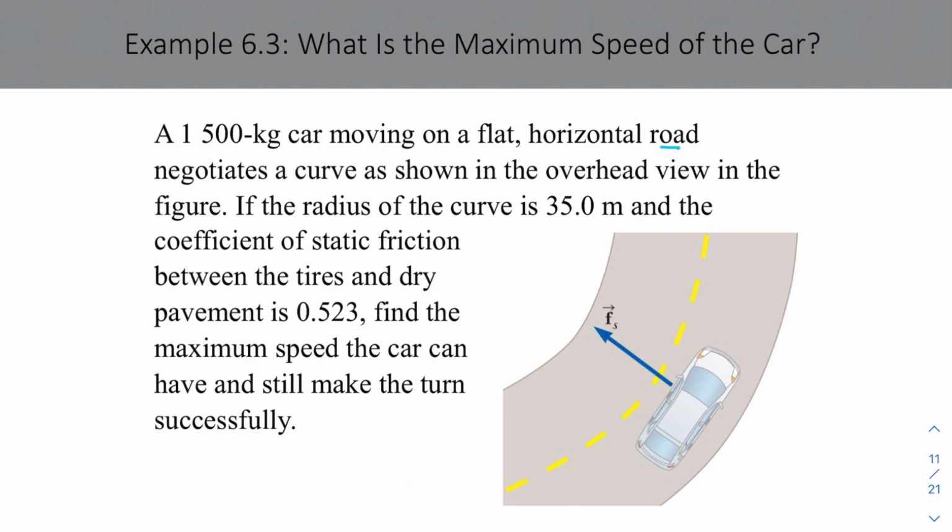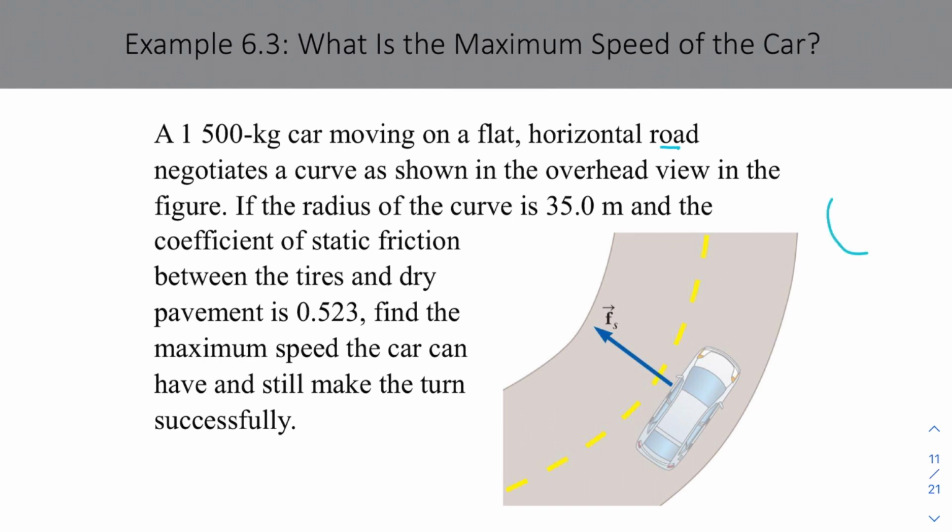So as we know, this is a top view, an overhead view. The force that maintains the car within a circular path is the static frictional force between the tires and the pavement, or the road, right? So how does it happen?